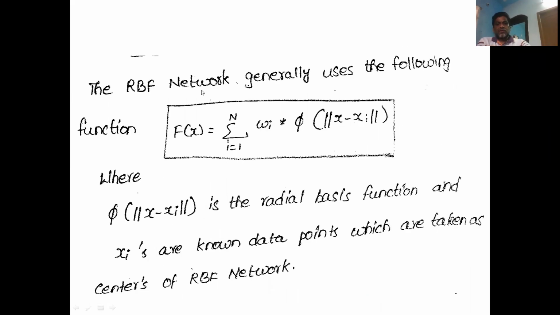Now we will go through the functions that are available to map these input spaces into output spaces. Generally, the radial basis function neural network employs a special function, f of x equals summation of i equals 1 to n, wi into phi of norm x minus xi. This function phi of norm x minus xi is also called a radial basis function, and each xi is a known data point from the input space.